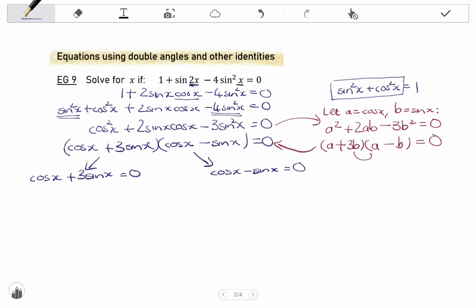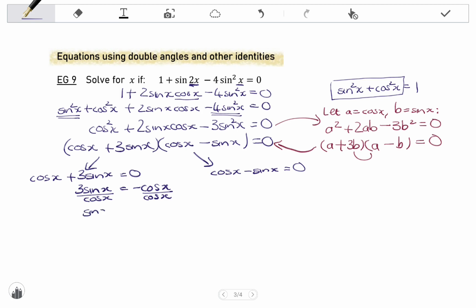Now, in the case where I have a cos x and sin x, I want to either try to factorize, but I cannot factorize here. Then I'm going to see if I can use the quotient identity. So write cos and sin on opposite sides of the equal sign. So I'm going to subtract cos x, and divide by cos x on both sides. Then divide by the coefficient of the sin x over the cos x, so I'm going to divide by 3.